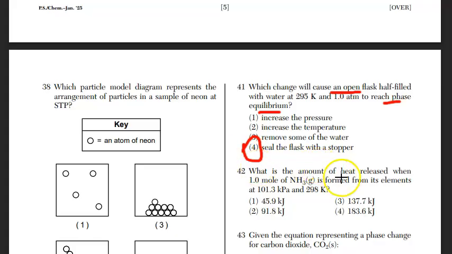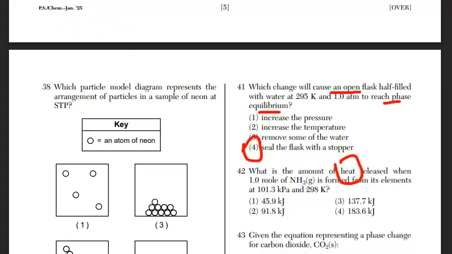You're asked, what is the amount of heat released when 1 mole of ammonia is formed from its elements at 101.3 kilopascals? That was hard to say, and 298 K. You're not directed to the reference tables, but that's where you need to go. And we're dealing with heat. So we have to find where heat or thermal energy is being listed, and we're forming ammonia.